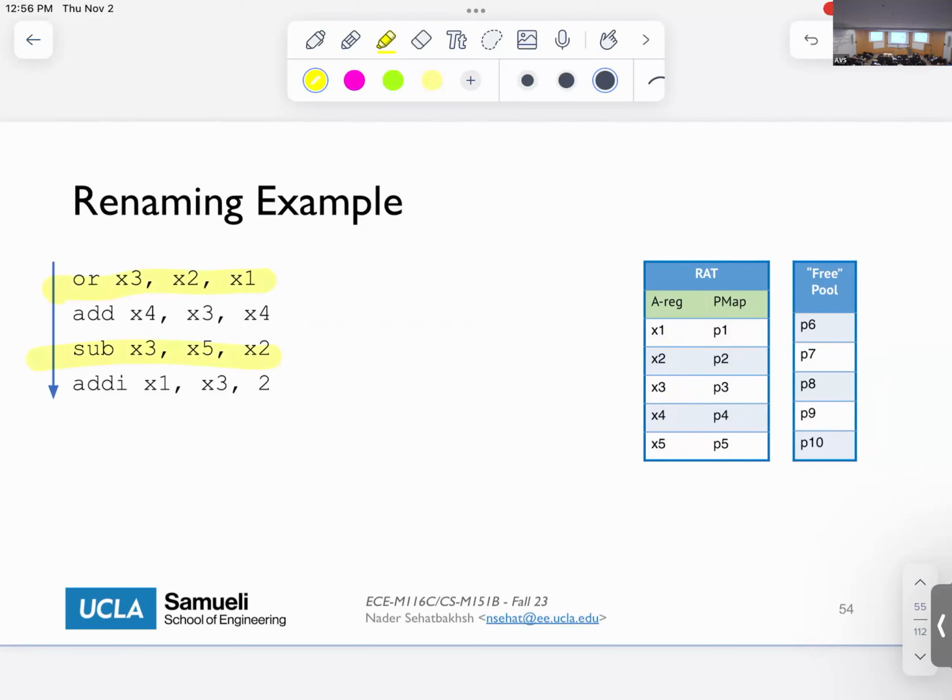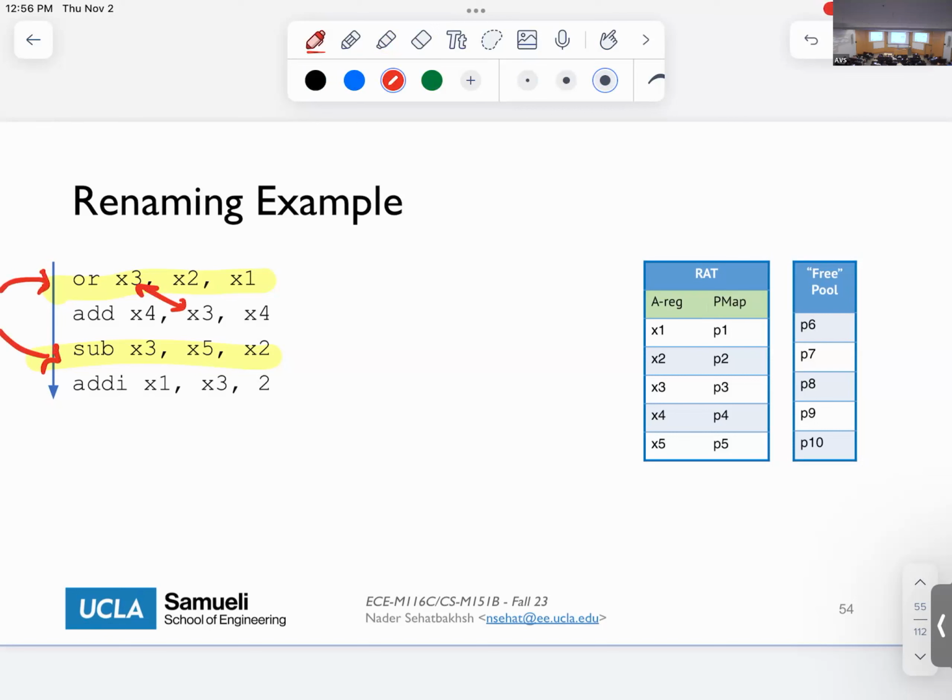This is what we call the output dependence. You use the same x3 in both scenarios, but in reality, x3 could have been x1 or whatever, and then we were good to go, right? We also still have things like the RAW data hazard between these two, but that's a separate story. But we want to avoid scenarios like this one and this one.